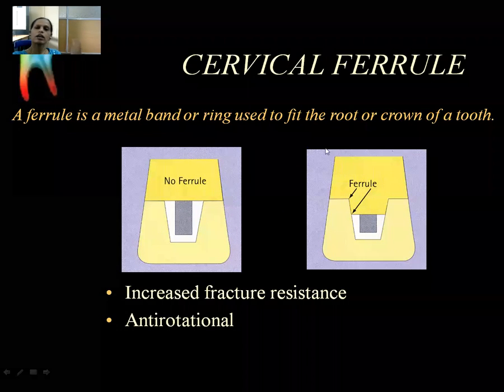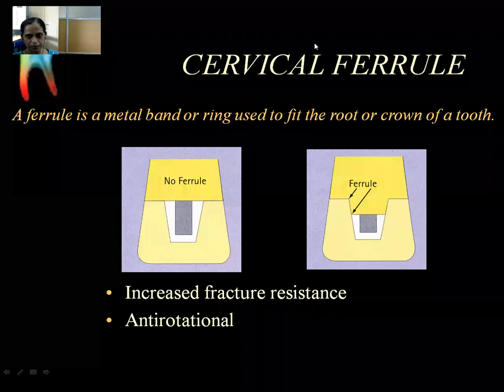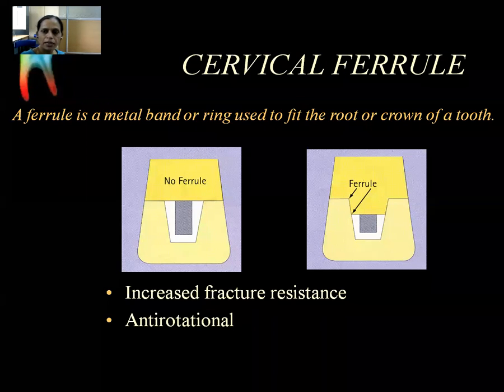One more thing you have to remember is that the cervical ferrule should always be present. What is cervical ferrule? Yesterday I told you the cervical ferrule is a metallic band which encircles the remaining tooth structure. What is ferrule? It is a metal band.